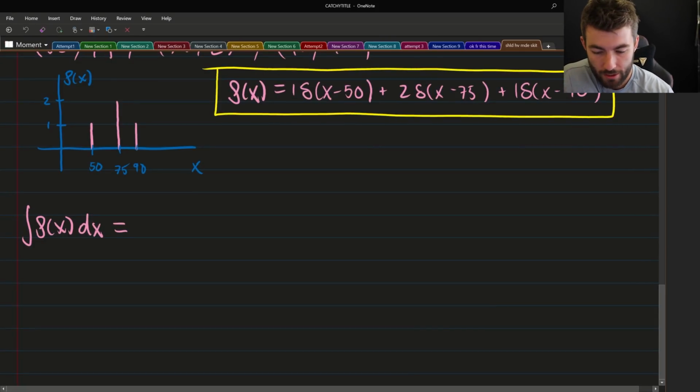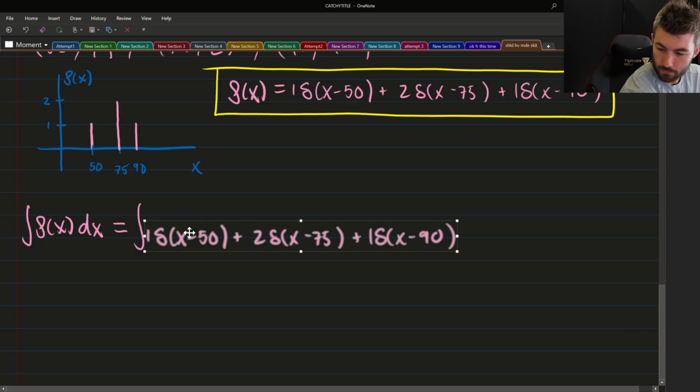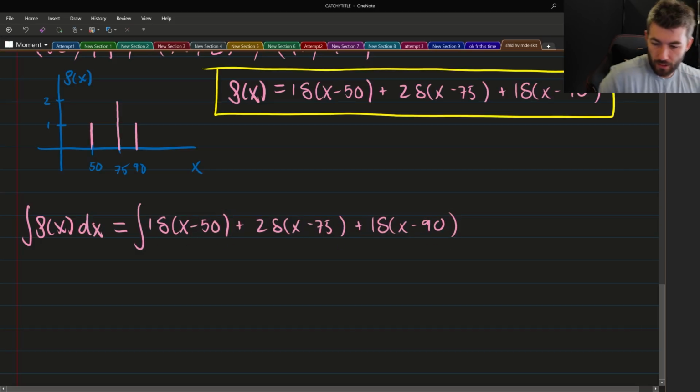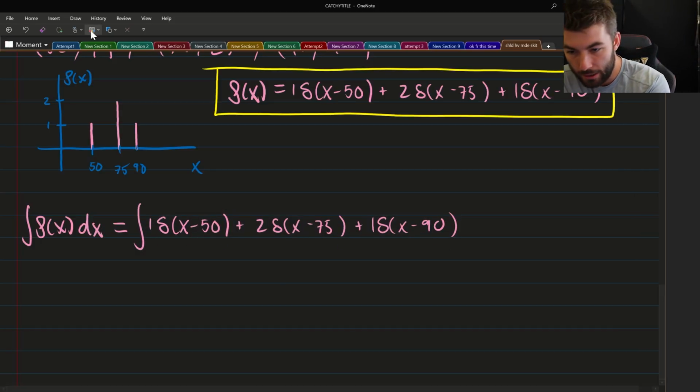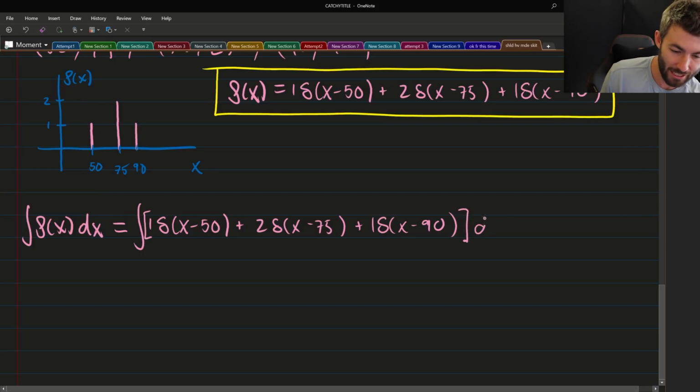So when we integrate these delta functions, let's not be lazy. I was tempted to be lazy. Let's just, for clarity, write it out, because I am not smart enough to be lazy and I will make a mistake, and then you guys will pay the consequences. Okay, dx.